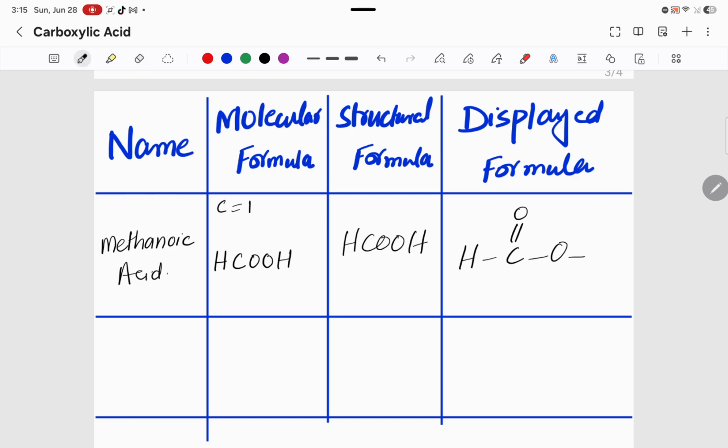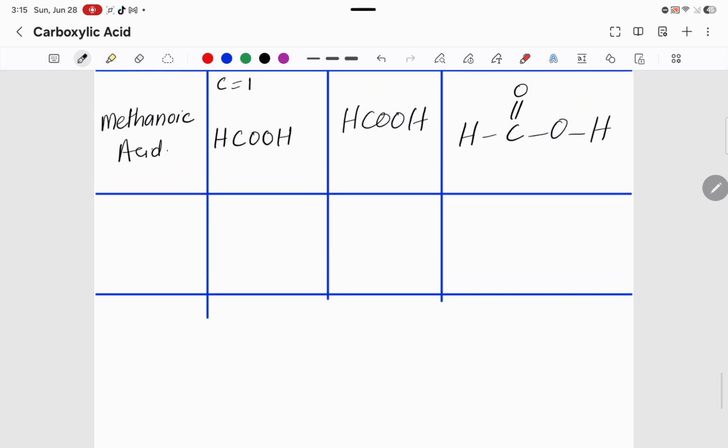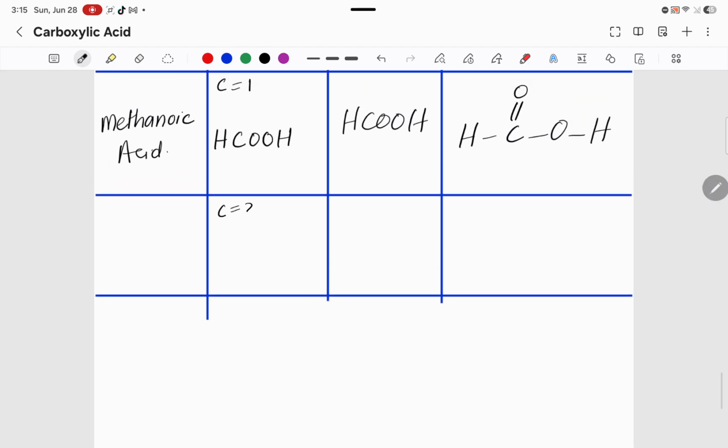My bad. Like this. Okay. So when carbon number is 2, then CH2n plus 1, that makes 3, and at the end COOH.